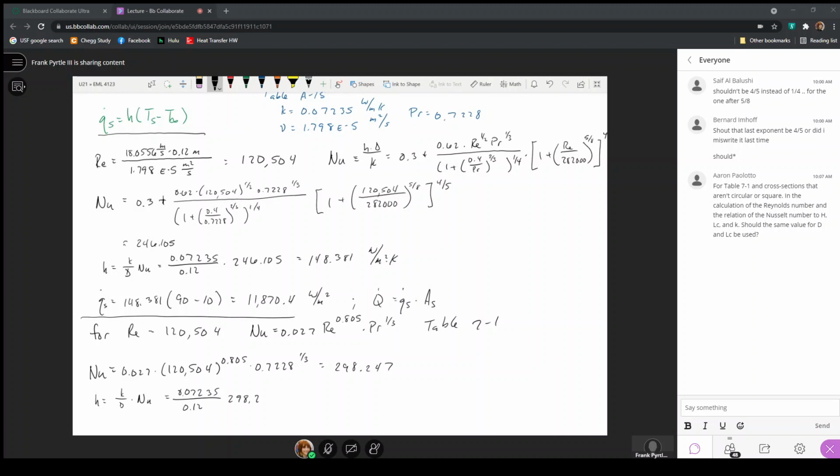So here, this right here times 0.07235. So here the heat transfer coefficient is 179.818 watts per meter squared Kelvin.